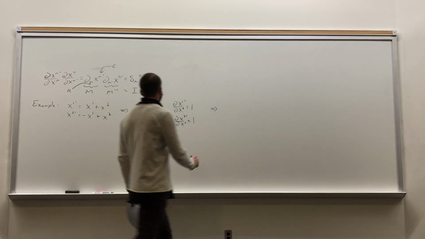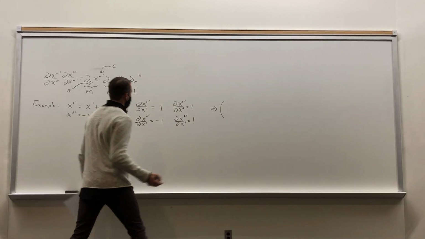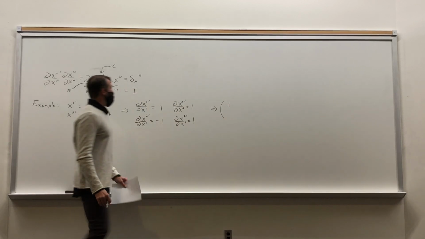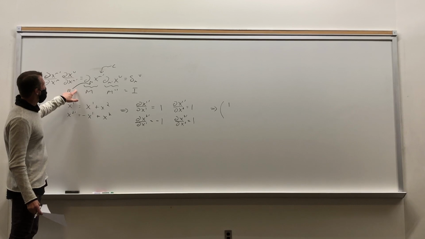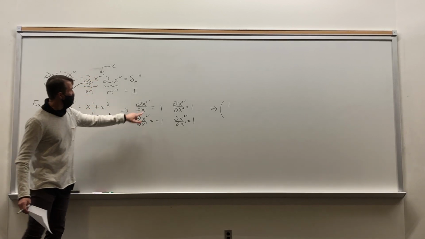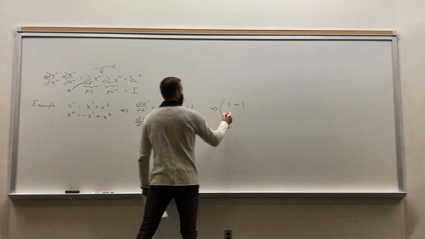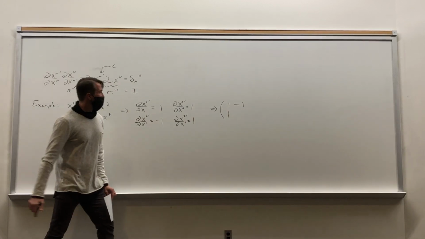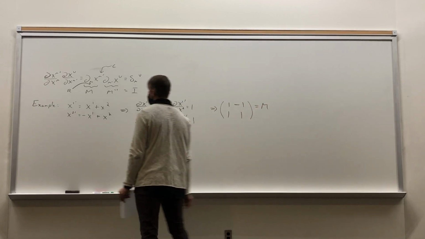So we can take dx1 prime 1, and we can say that's obviously the first element. And then the first row, second column is 1, 2, so this is minus 1. And then this is the second row, first column, and then this, of course, is the second row, second column. We can call that a matrix M, okay?